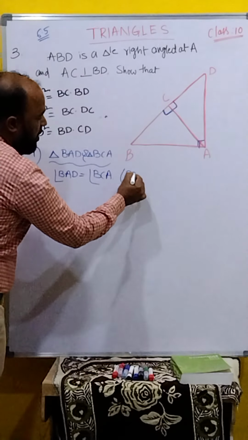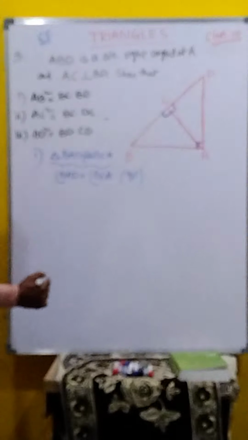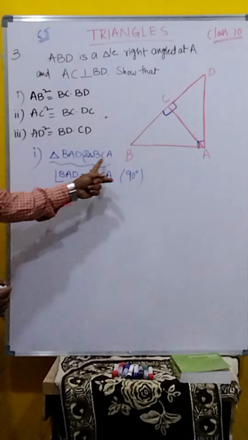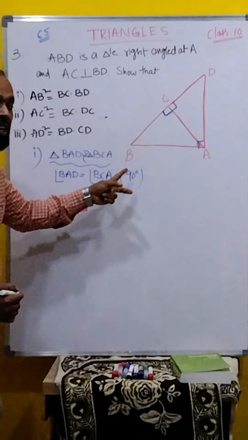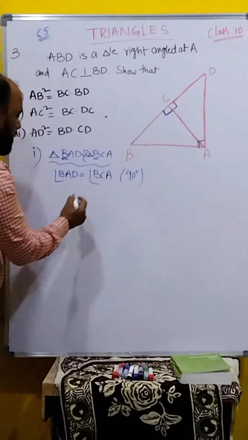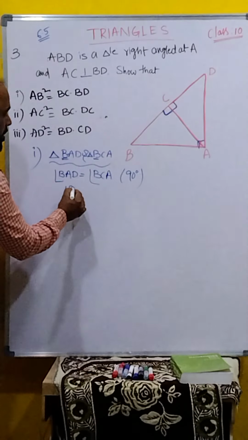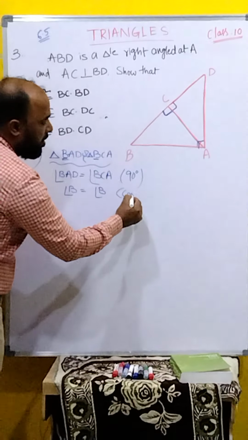Next, one more is required. Observe, read properly this triangle BAD and here BCA. What is common in this? B, and here also B. Angle B is equal to angle B. Both are common.